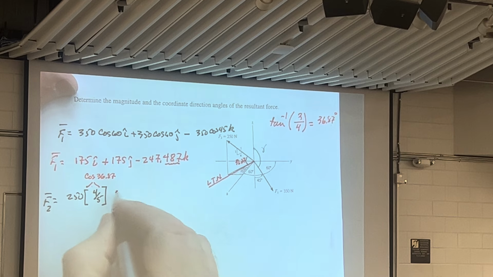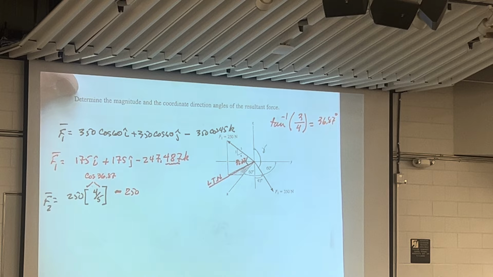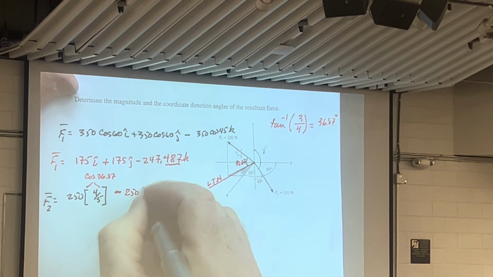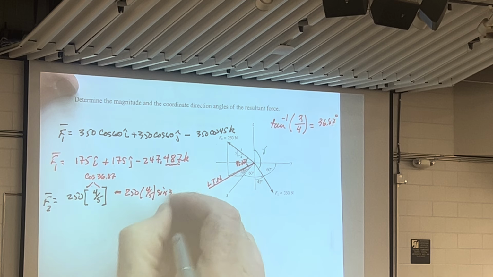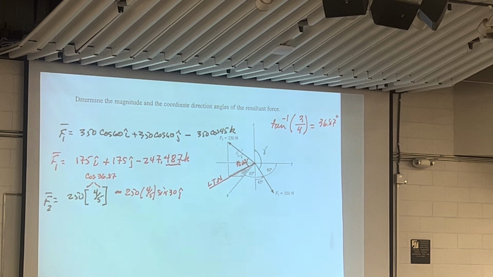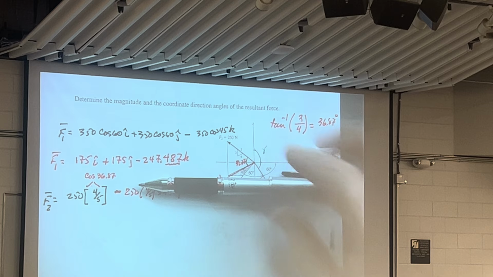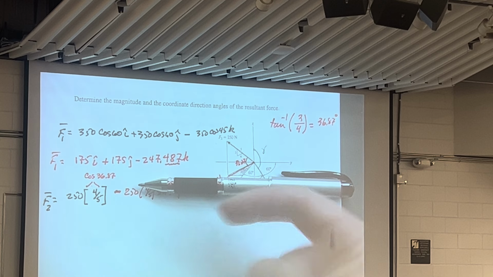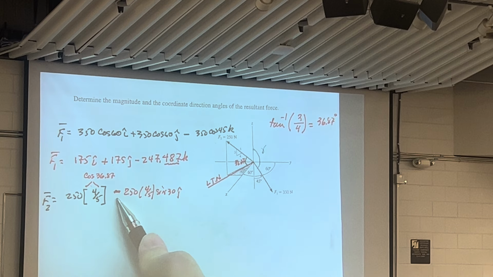Minus 250 4/5 sine 30 j. Why minus? Well, because when I do this, sine is the opposite, which is parallel to the y, but that is pointing in the negative y direction, so I have to put a negative on it.